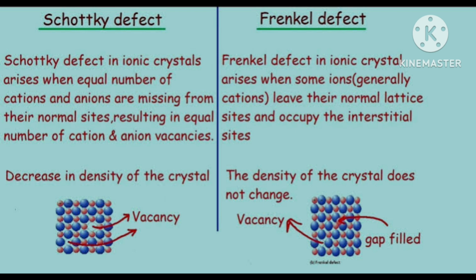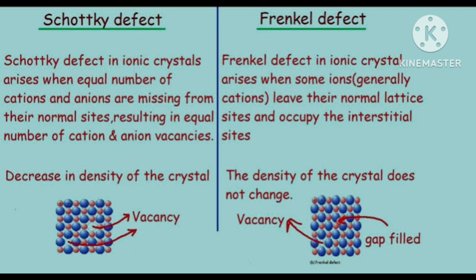The chloride ions diffuse to the surface of the crystal and combine with sodium atoms to give NaCl. It means that now you are heating NaCl in presence of sodium vapor, then sodium will deposit on the surface of NaCl.